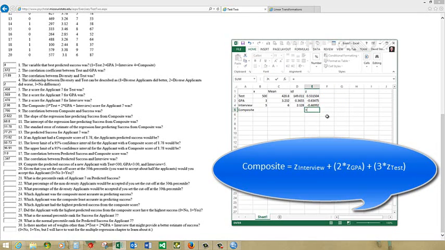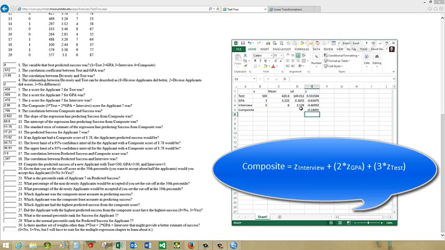It equals 3 times the z-score for the test plus 2 times the z-score for the GPA plus the interview z-score.